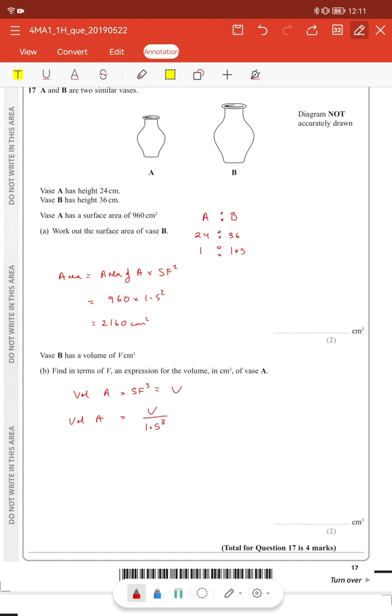And 1.5 cubed would give us 3.375. So it'd be V over 3.375. Otherwise, you can write this as 3 over 2 cubed, which would give you 27 over 8. So you can write this as 8V over 27.